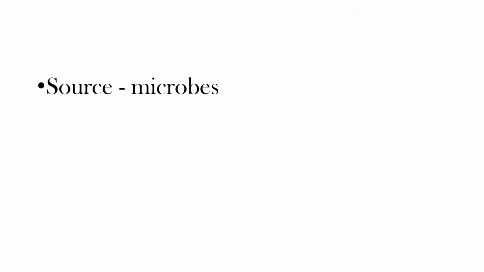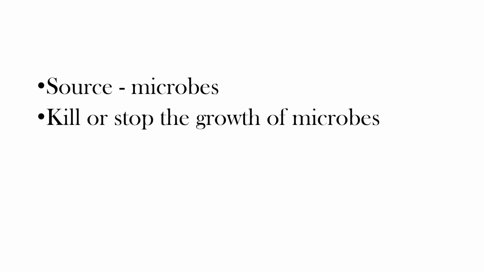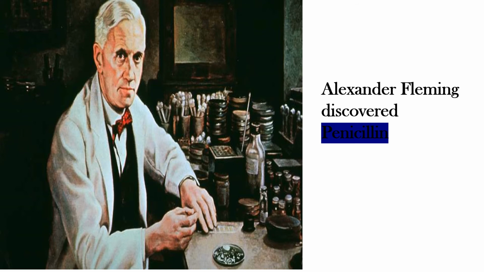The source of the antibiotics are actually the substances that are collected from microbes that are able to kill or stop the growth of disease-causing microbes. So it was Alexander Fleming who discovered the first antibiotic penicillin, but it was an accidental discovery.